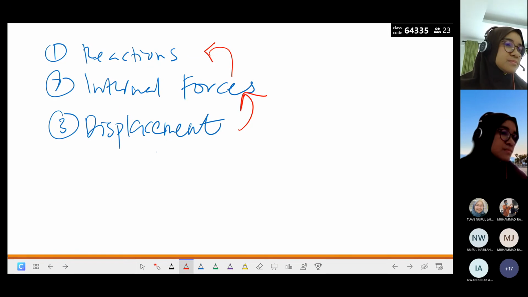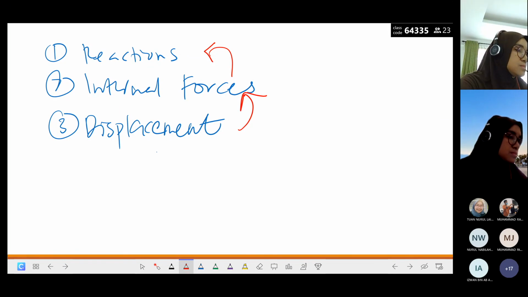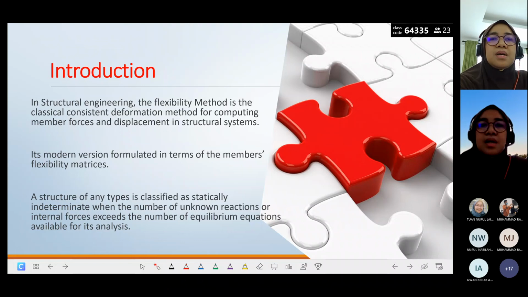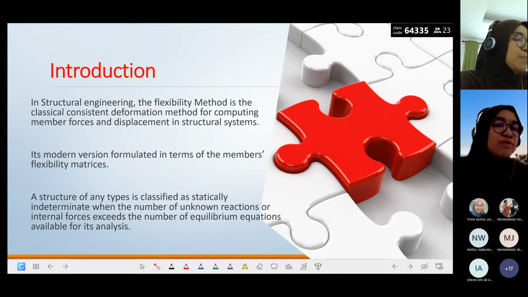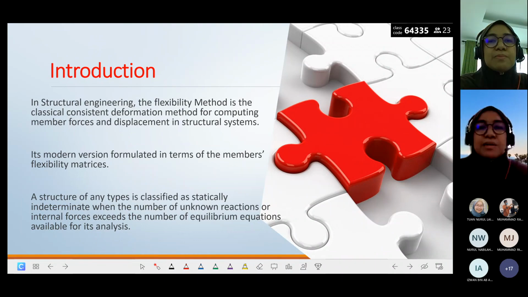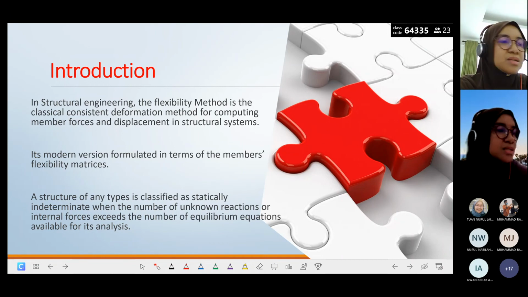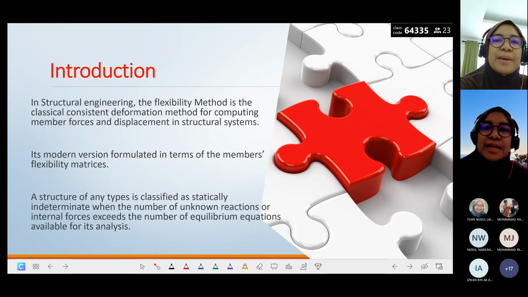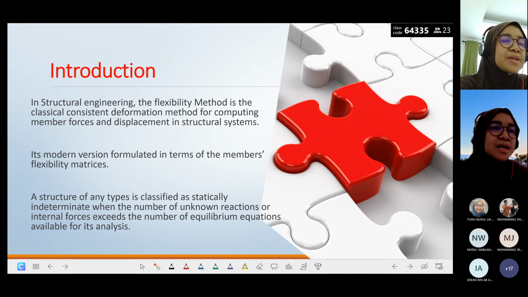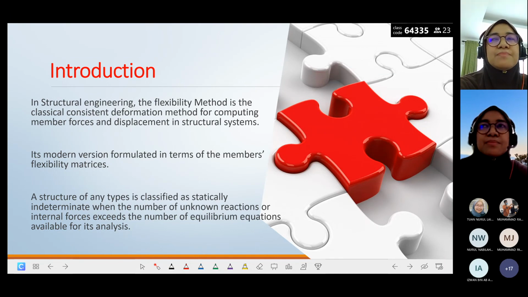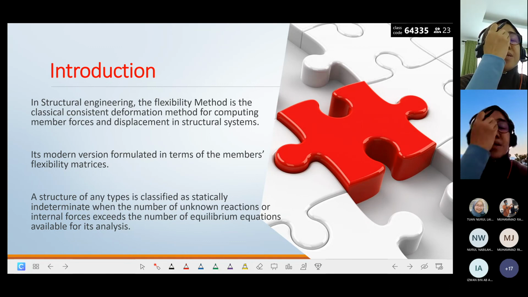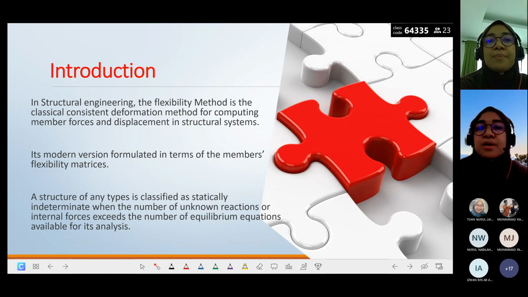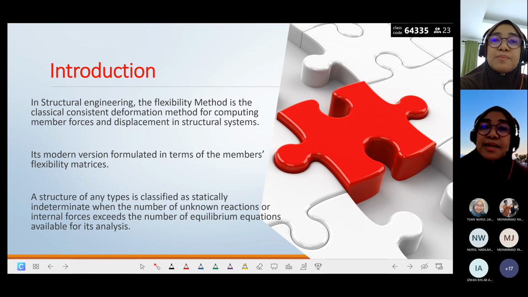Okay? Okay, we move to the introduction. So flexibility method is actually one of the methods to analyze indeterminate structures. So actually flexibility method ni will take place whenever you cannot calculate reaction using equilibrium equation, because under the previous topic, it is determinate structure.